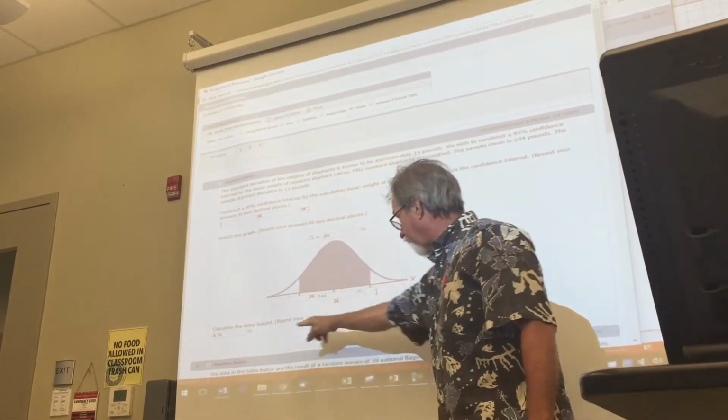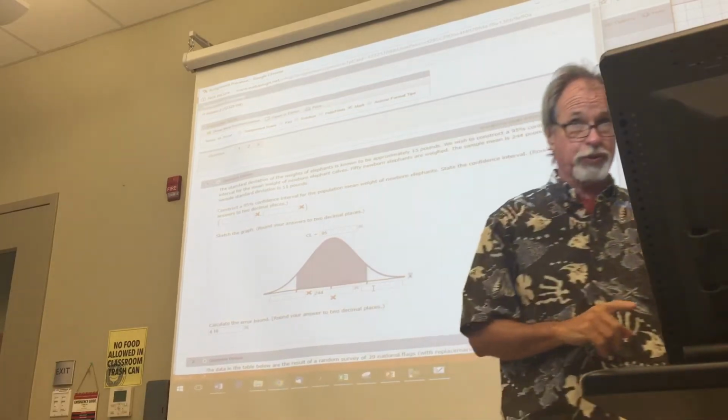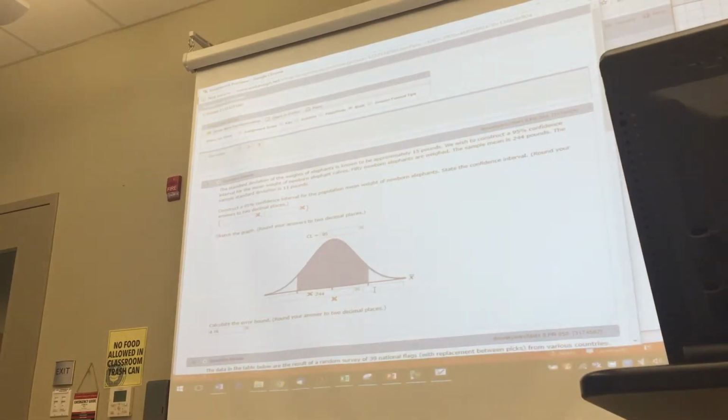I add 4.16 to the mean. This one's easy to do. You should be able to do this without a calculator. It's 28.16.